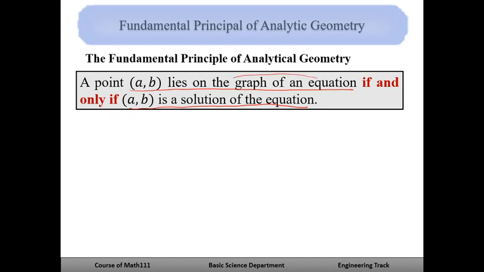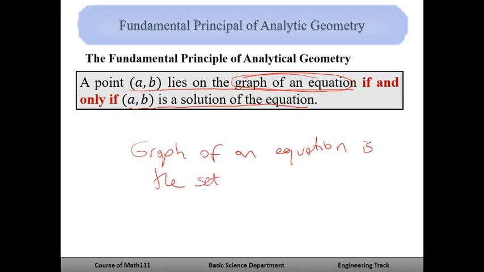It's about the graph of an equation. The graph of an equation is the collection, the set, of all solutions of the equation.